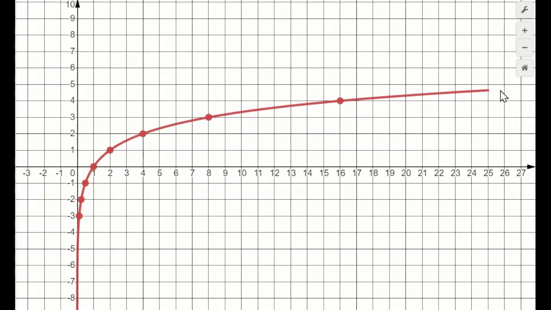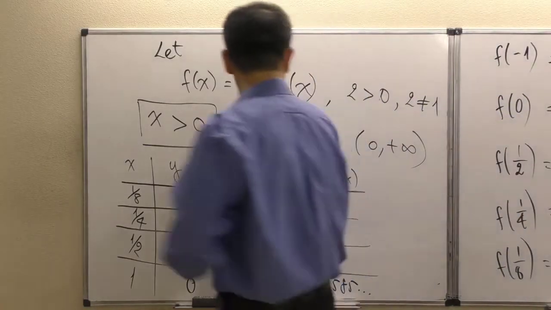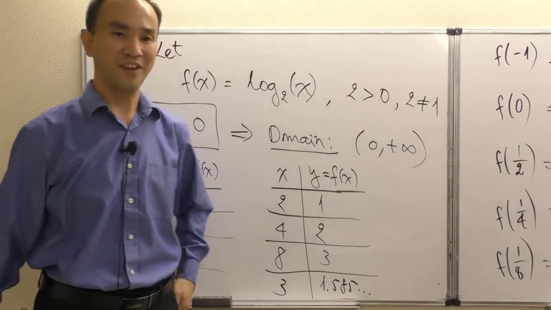Of course it looks like it stops here, but once we have a good picture of the graph, it just indicates that it will continue to grow further out. That's the graph of log base 2 of x.